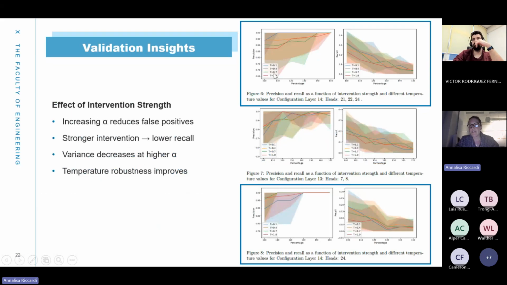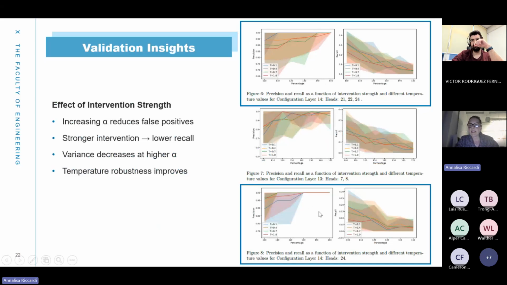We try different values of the temperature of the large language model and different percentages of the intervention strength factor alpha. And then we see how the precision and the recall change. What's interesting here is that for all 3 cases, when you increase alpha, increase the strength, the recall decreases. So you are worse at predicting the other classes, but it's not the one of the false positives that you are interested in.